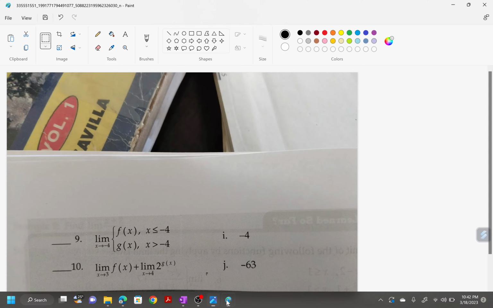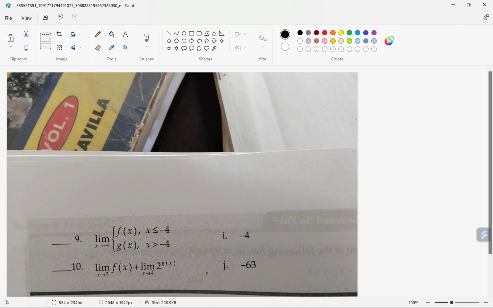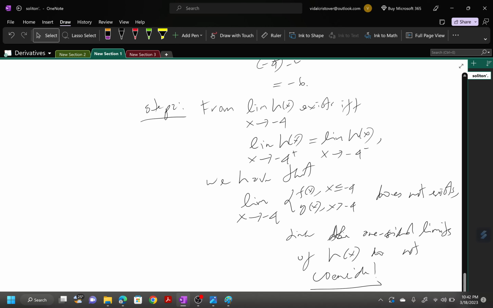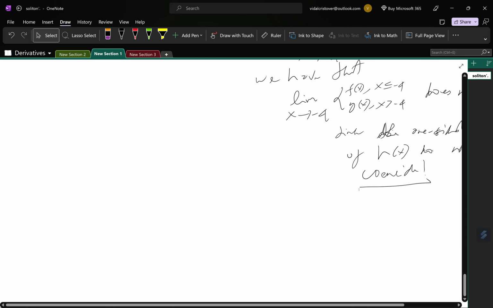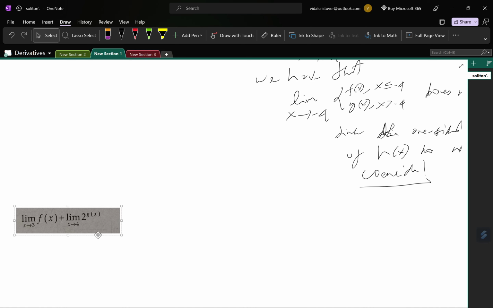Next problem is kaning sum pero nag-involve na siya og exponential function. So control C, ani ta dire, control V. Masolve baka na siya.